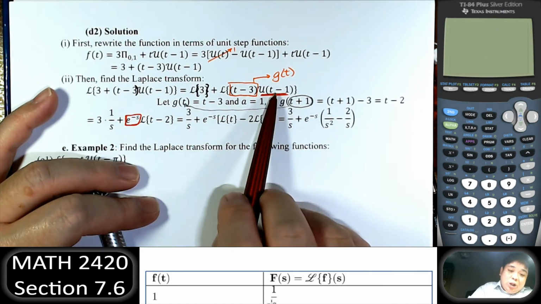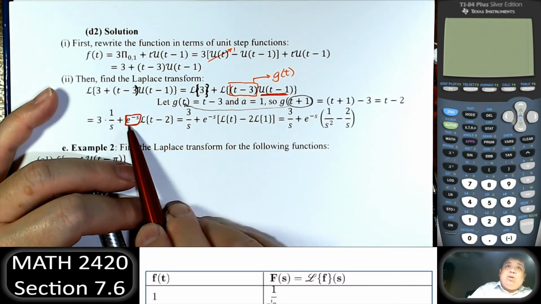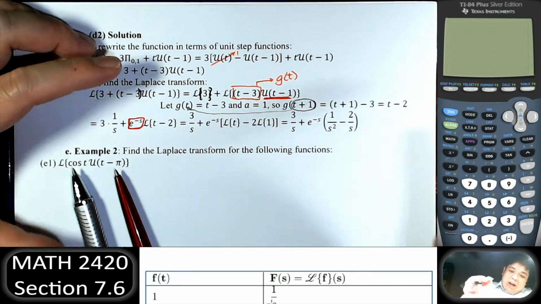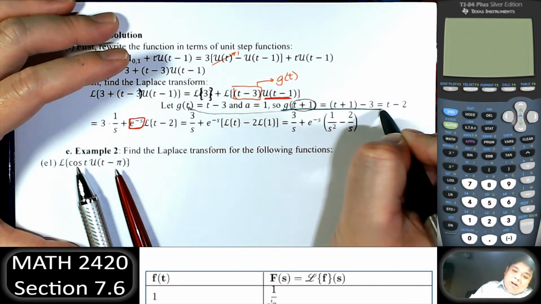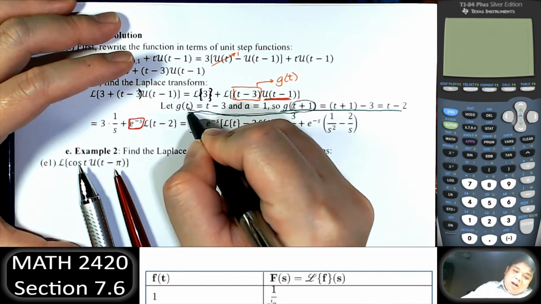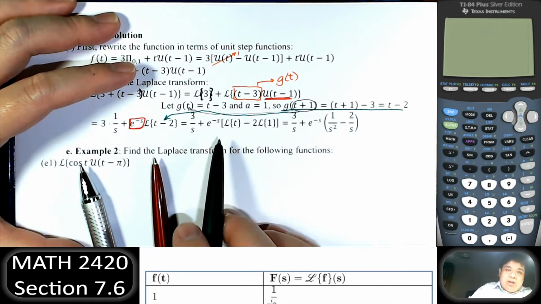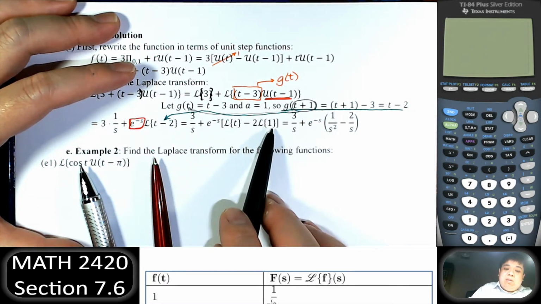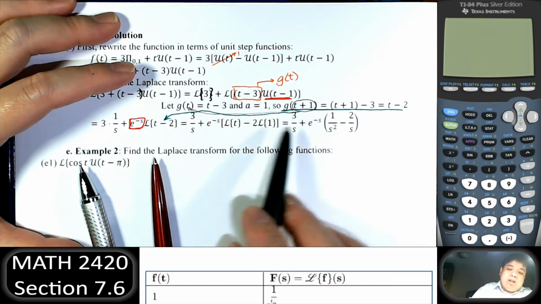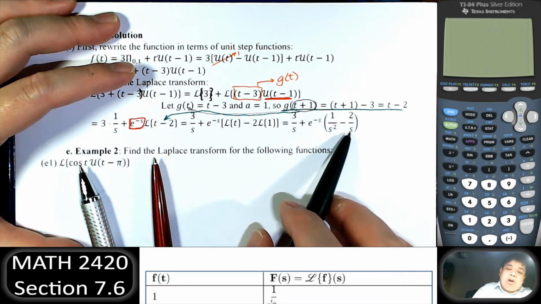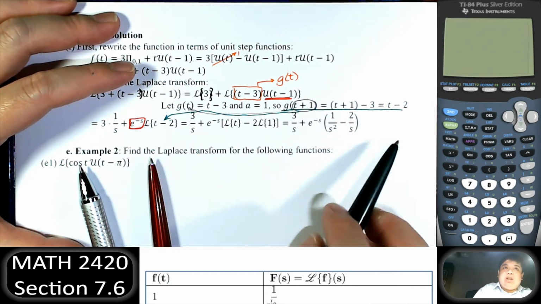Right. When we see the unit step function, that will be e to the negative s. That's the transform. And then whatever function we have for g of t plus 1, we're going to find the Laplace transform of that. So we do the Laplace transform of t and the Laplace transform of 1. The Laplace transform of t is 1 over s squared, the Laplace transform of 1 is 1 over s, and we have 2 over s. So that's what we do.